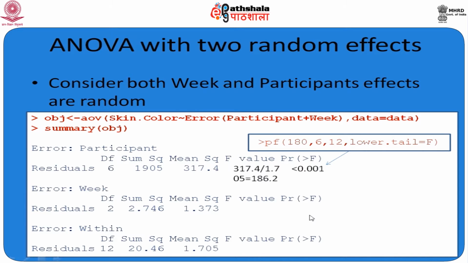And then similarly you can calculate the p value for all the cases. So, again you see that for the week random effect, week as a factor is not significant. So, the skin color doesn't vary across different weeks of measurements in this data set. So it is not significant, whereas the participants are statistically significant.